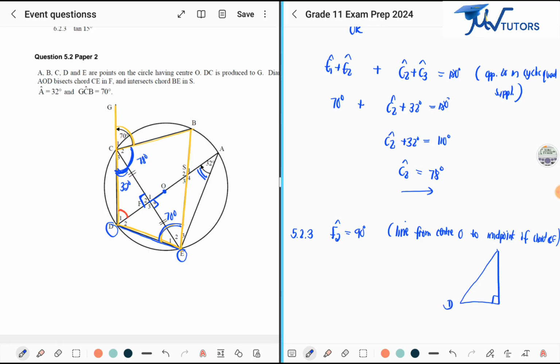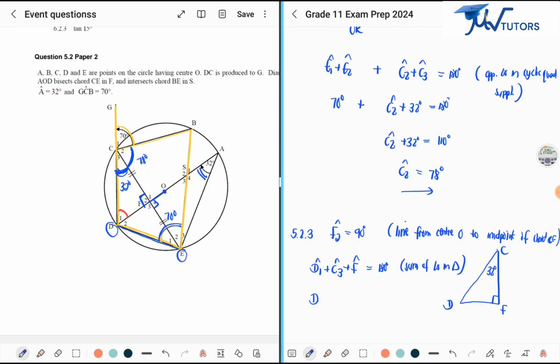So we have D, we have F, and we have C. We already know that C is 32 degrees, F is 90 degrees, so we can get D1. I'm just going to say D1 plus C3 plus F is equal to 180 degrees. Basically that's the sum of angles in a triangle equal to 180 degrees.